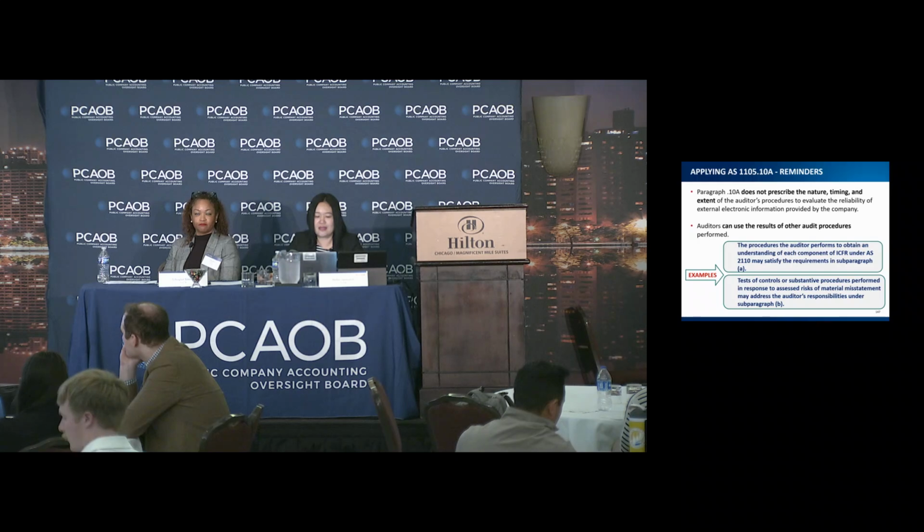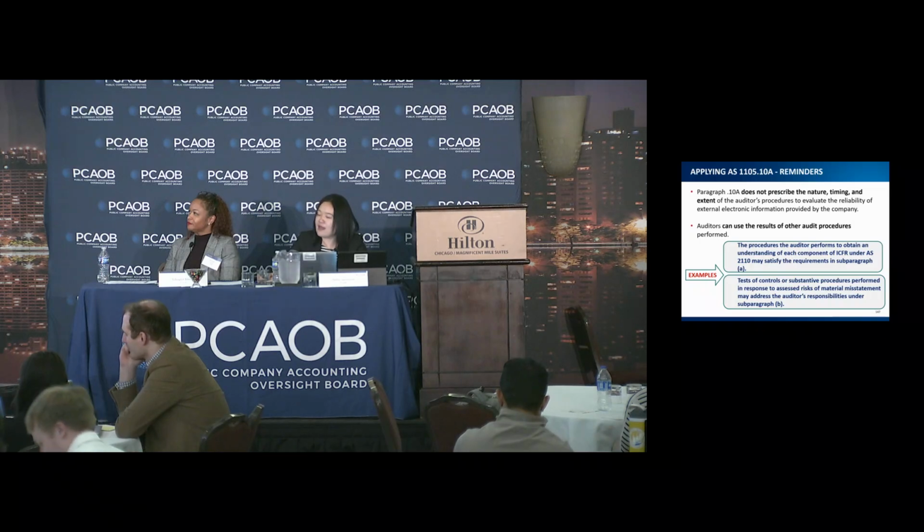The second example is that tests of controls or substantive procedures performed in response to the assessed risk of material misstatement may address the auditor's responsibility under subparagraph B. So for example, as a part of the auditor's substantive procedures over income taxes, they may compare the statutory tax rates included in the electronic file provided by the company to the statutory rate published on the respective taxing authority's website.